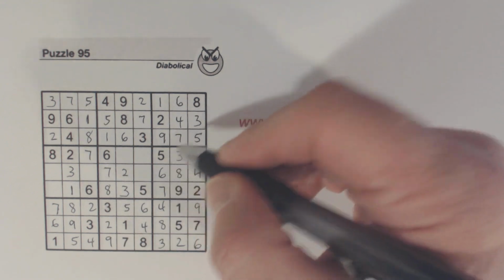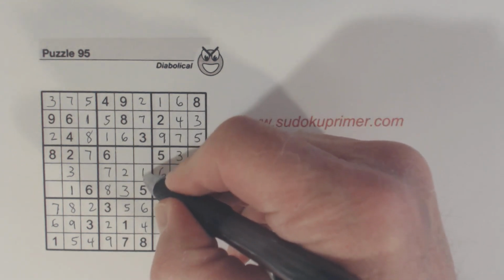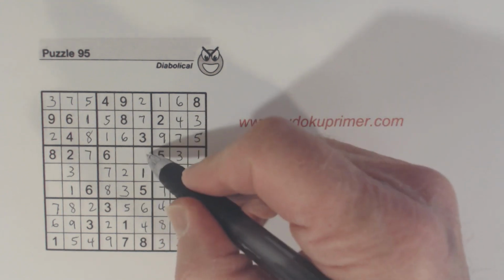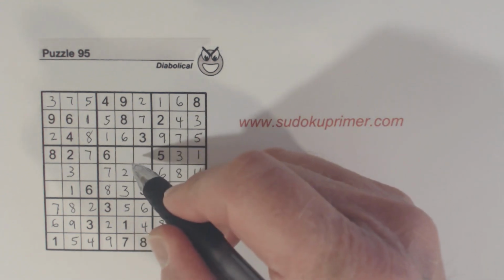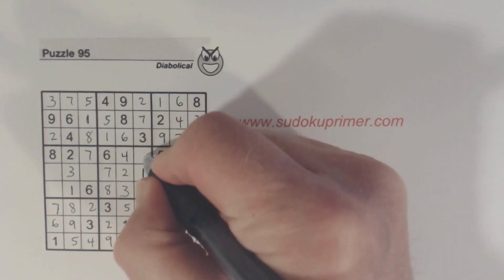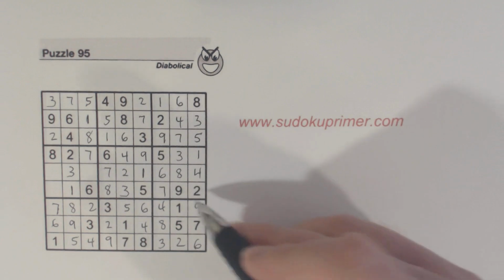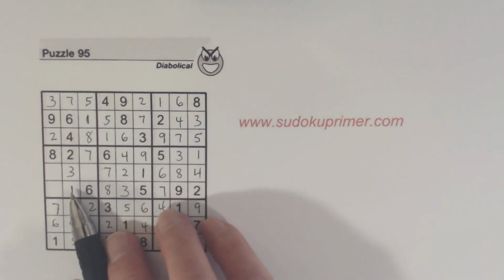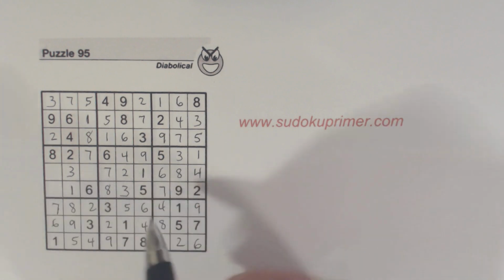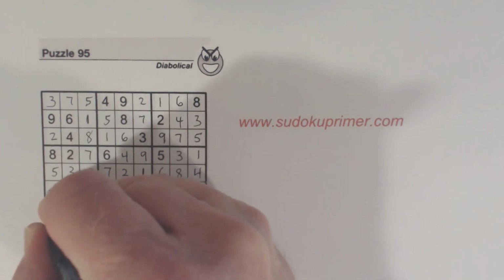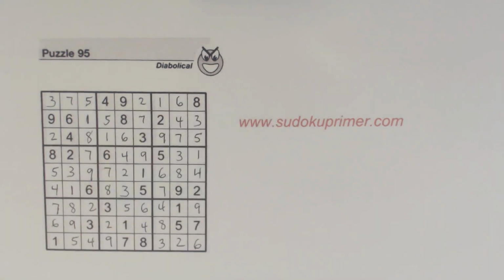And then we can put a 1 in box 5. There. I could have put the 9 in right away, but I didn't. I put the 4 and 9 in after the 1. And then we just have 4, 5, and 9 left here. And you can pretty easily see where each of those numbers go. So that's it.